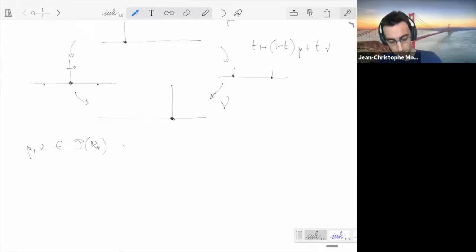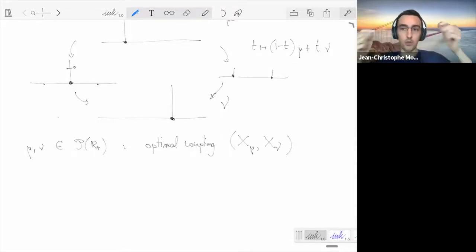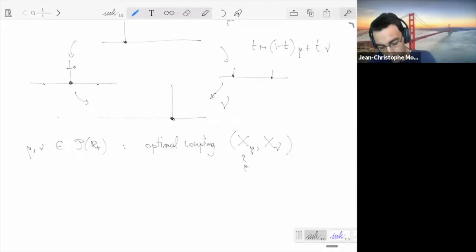I'm going to define it later on, but in general, I could define a notion of cost and then try to optimize this cost and find two random variables, one distributed like mu, the other distributed like nu, such that some notion of cost between these two is minimized. This would be a coupling between the two variables.